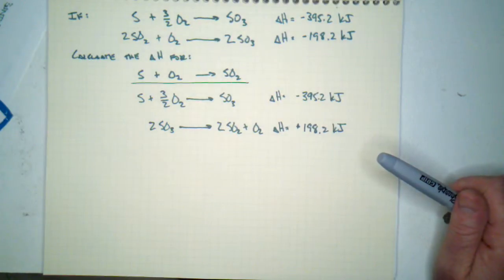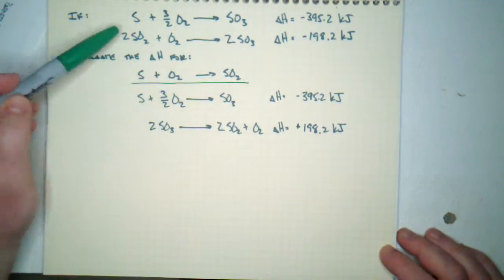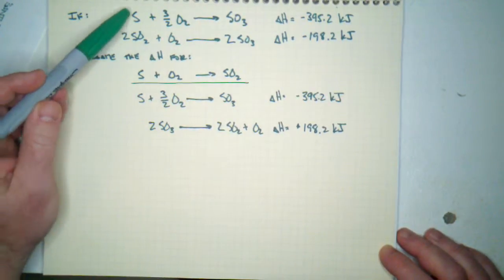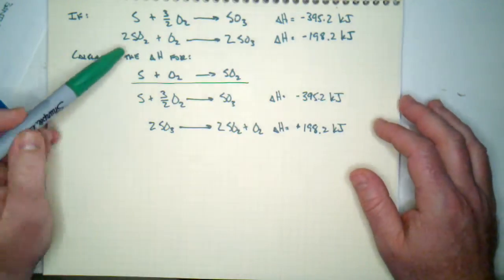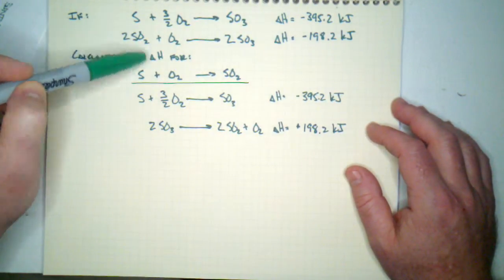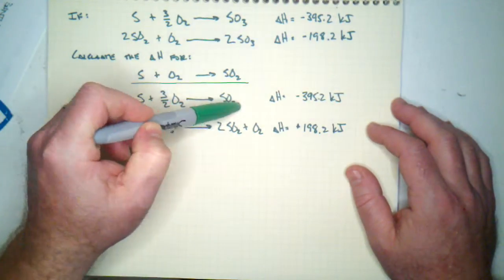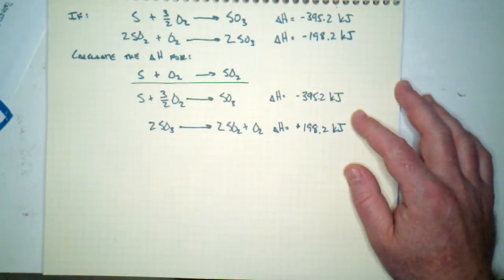So, the first thing I do is I look at it and I say, of these chemical reactions, where do I have stuff on the side it needs to be on? And what jumps out at me is these sulfurs here. So that tells me that I'm going to keep this equation in the correct order. And I rewrite that, and it's delta H.